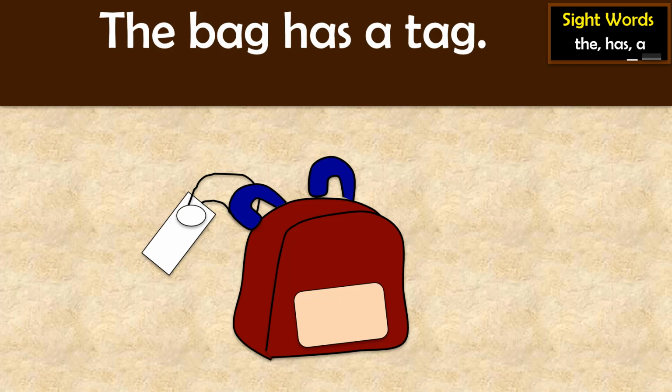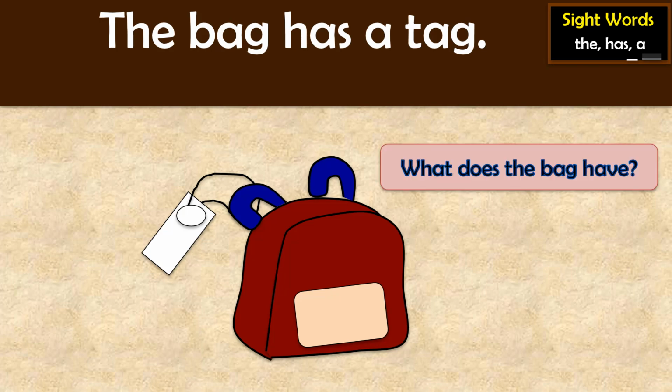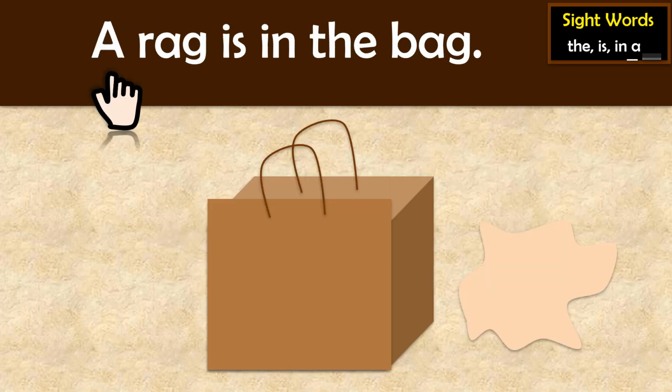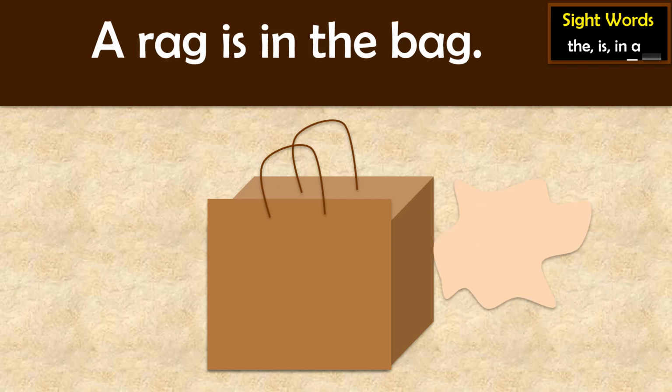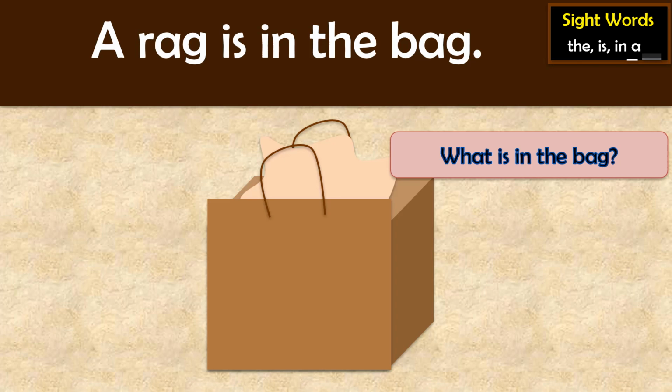This sentence tells us something. What does the bag have? A tag. A rag is in the bag. What is in the bag? A rag.